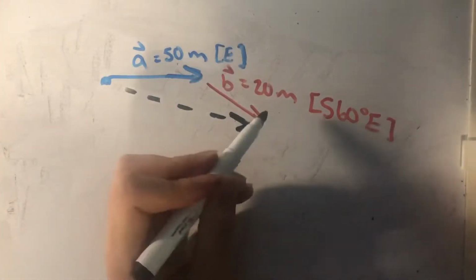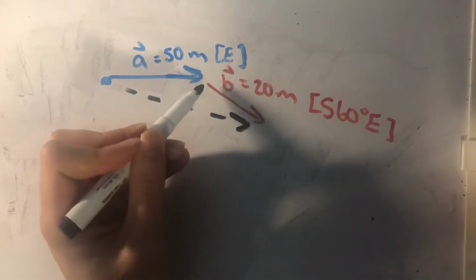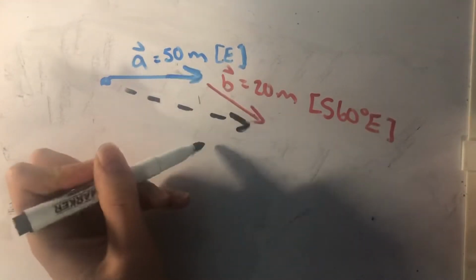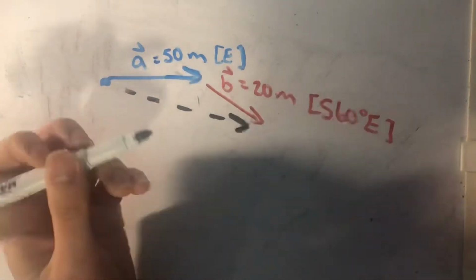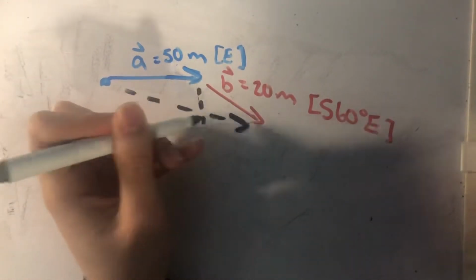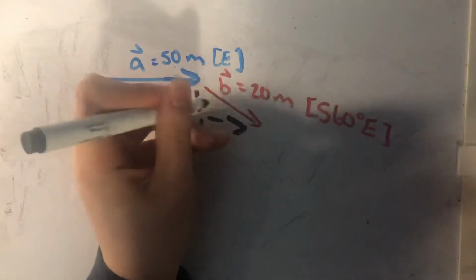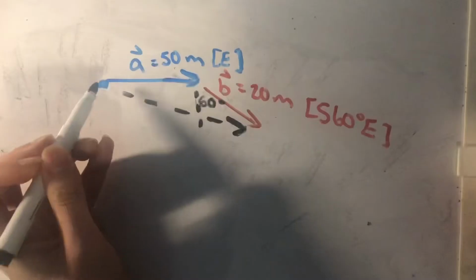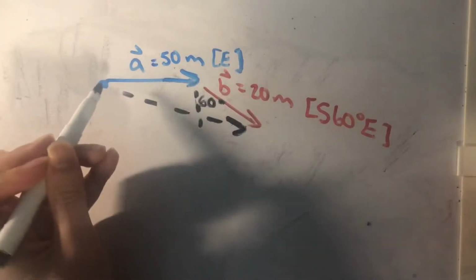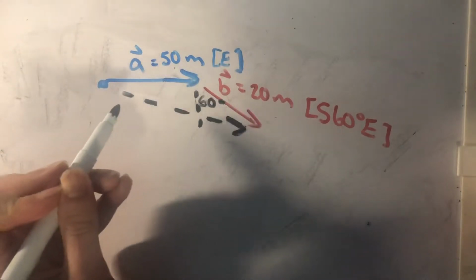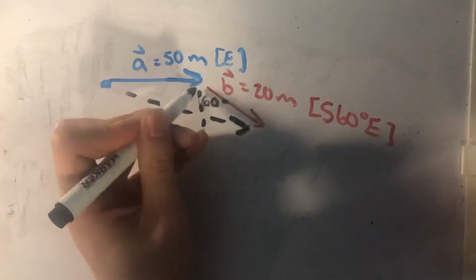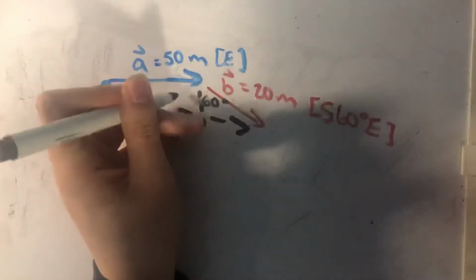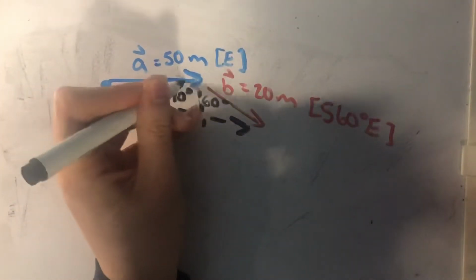So we know that this vector is south 60 degrees east, which means we start in the south direction and we went 60 degrees in the east direction. So that means this angle from here to here is 60 degrees. And we know that this angle is just east, or in other words, it's horizontal to our x-axis, which must mean that this angle, since this angle is south, this would be 90. It's a 90-degree angle here.